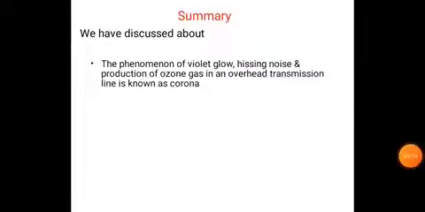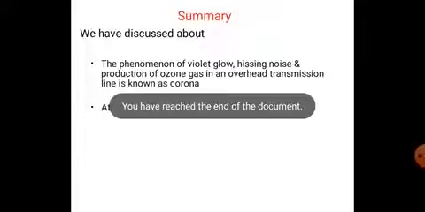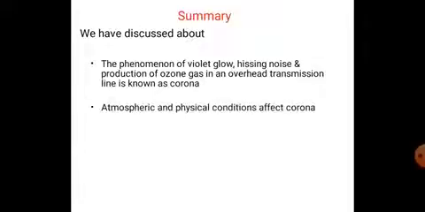So until now we are discussing the phenomenon of violet glow, hissing noise, and production of ozone gas in an overhead transmission line, known as corona, and the atmospheric and physical conditions of corona, and the Ferranti effect. The Ferranti effect is when the receiving end voltage is more than the sending end voltage.